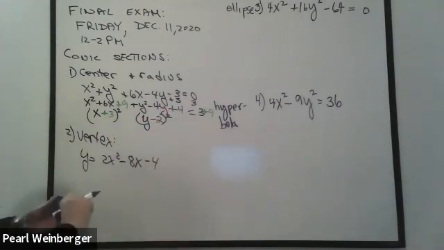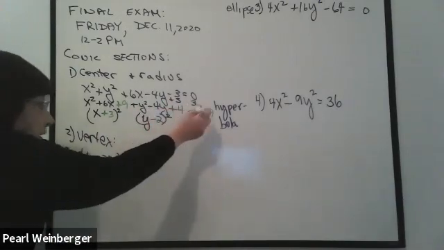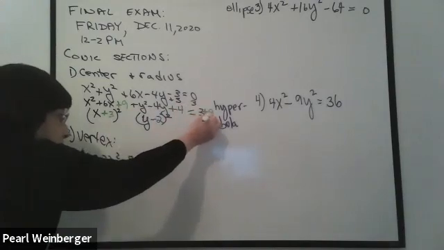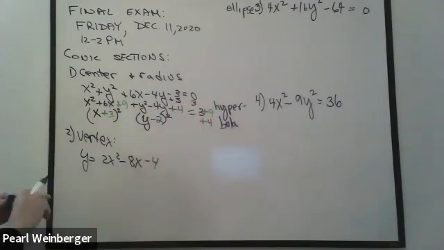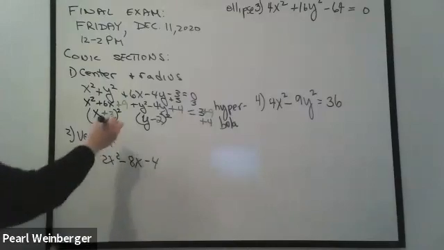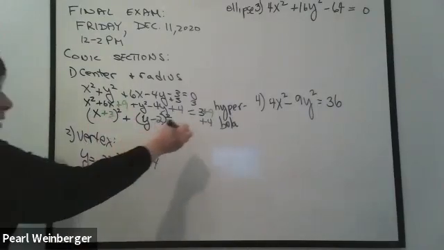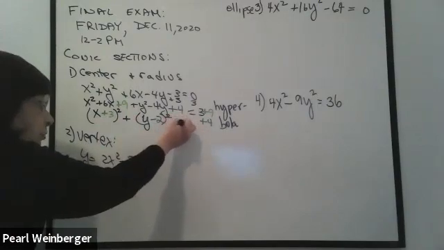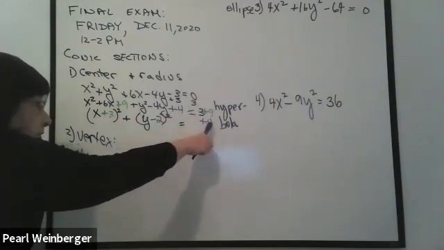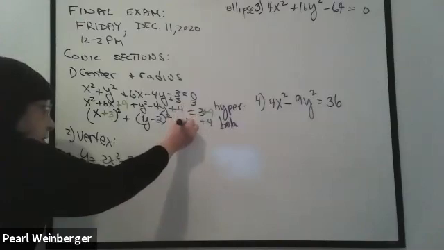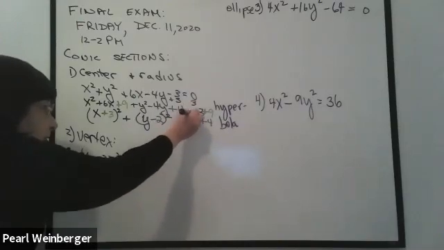But since I added 4 over here, I've got to add 4 on this side as well. So let's see what we have. First of all, there's a plus between these two. And what this all adds up to: 3 plus 9 is 12, plus 4, gives me a total of 16.